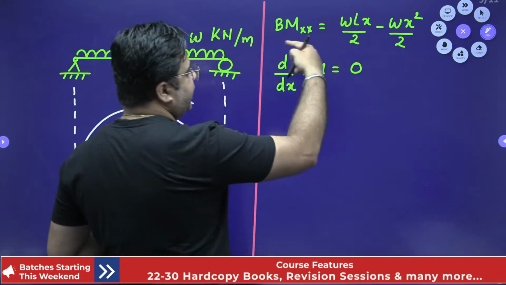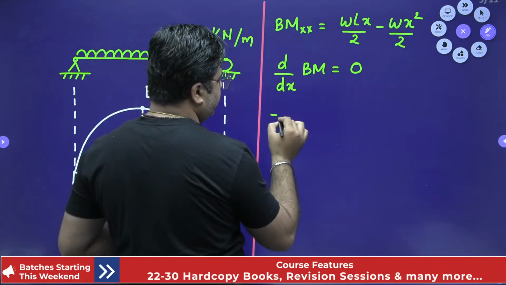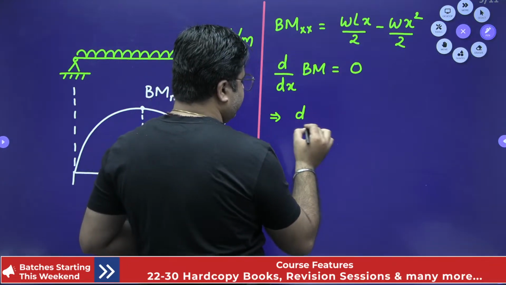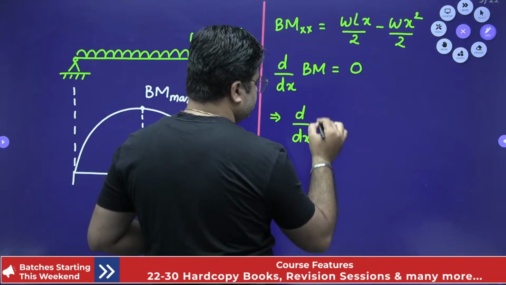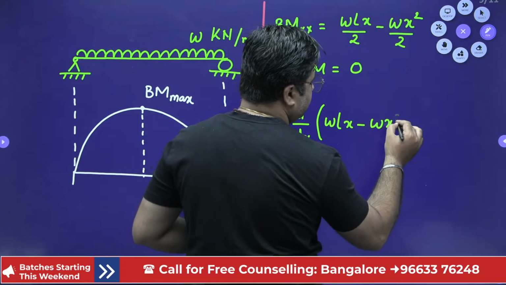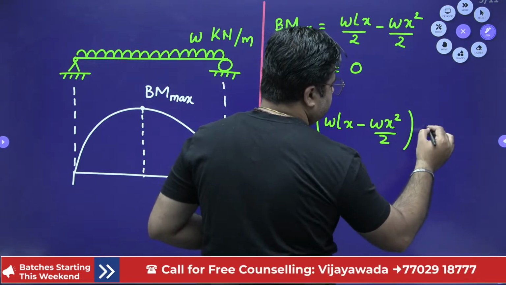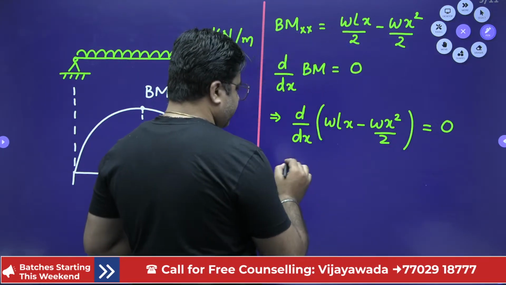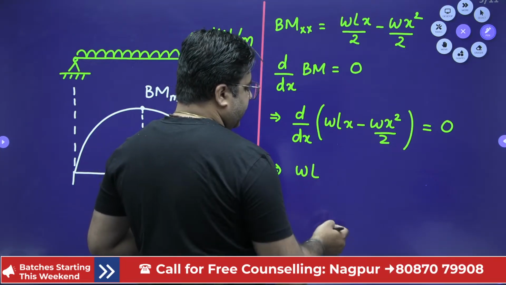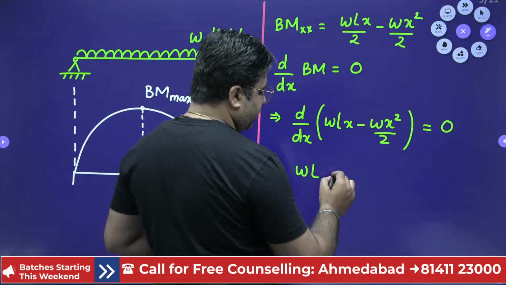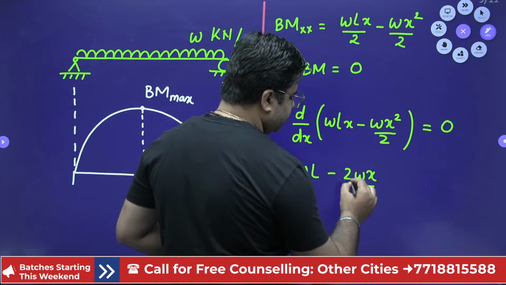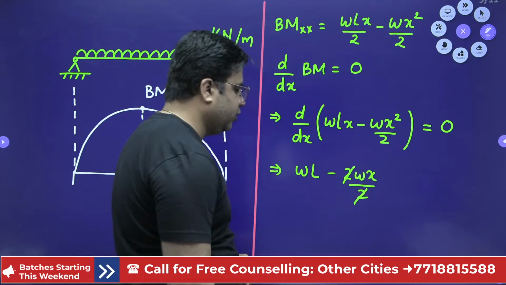So when you do the d by dx of bending moment, you will have d by dx of (WLX minus WX square) by 2, and this should be equal to 0. When you do the d by dx of WLX, it will be WL, and d by dx of WX square by 2 will be 2WX by 2, so this will be W into X, right? 2 and 2 cancel out.